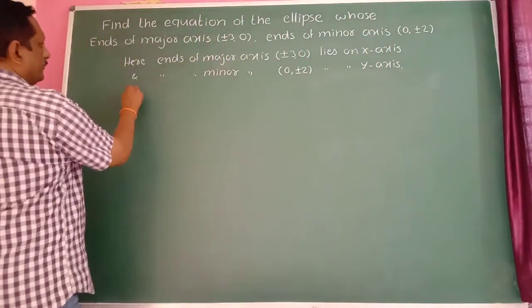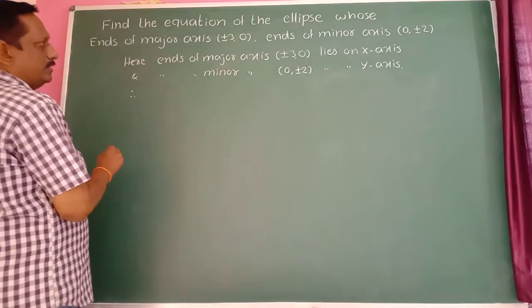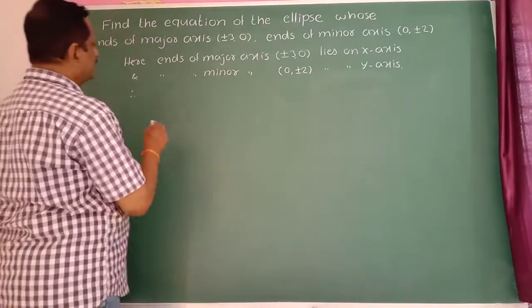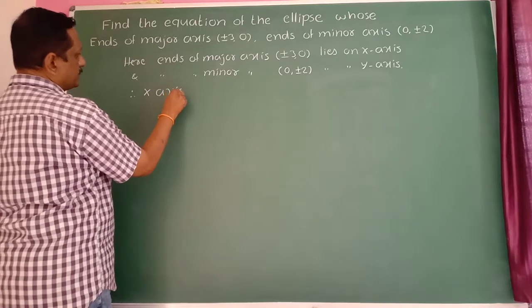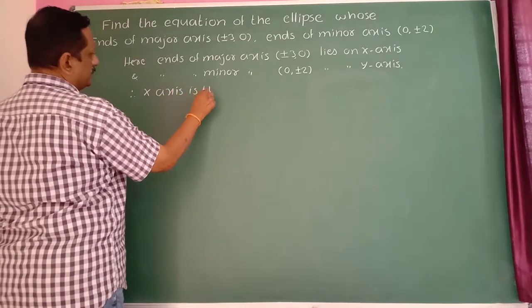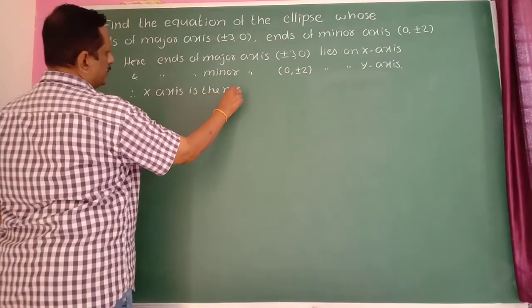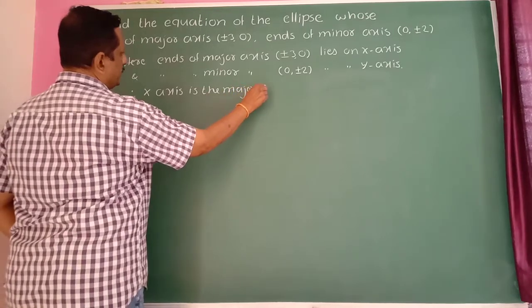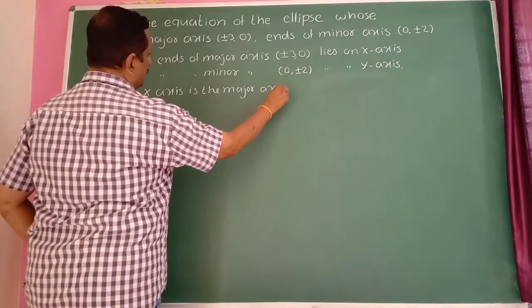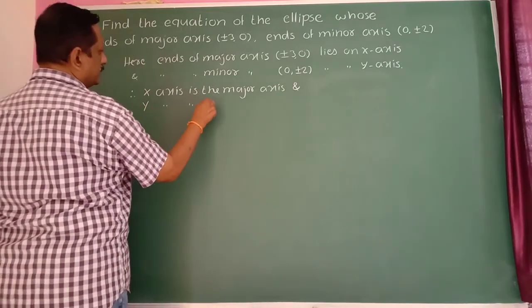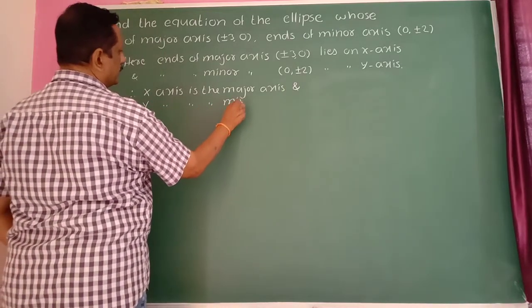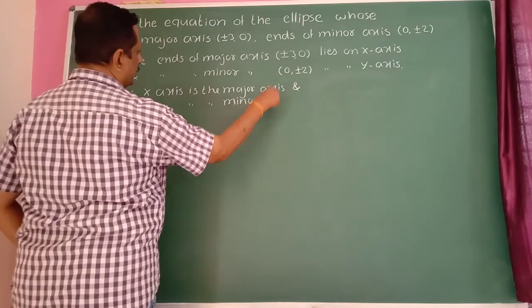Therefore, here the x axis is the major axis and the y axis is the minor axis here.